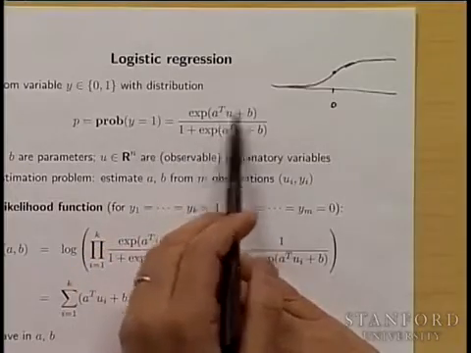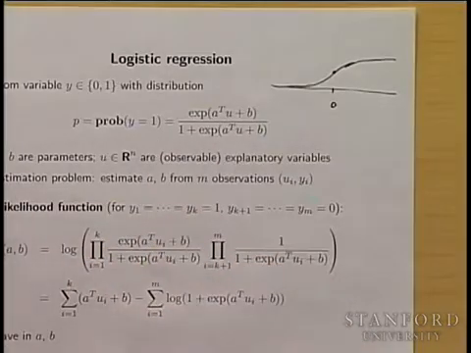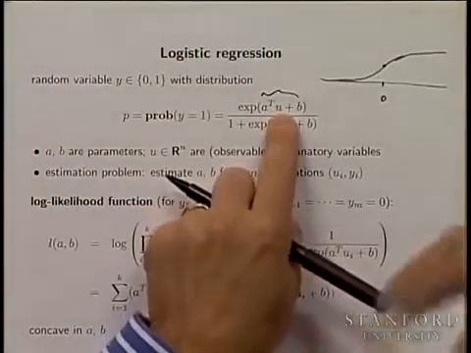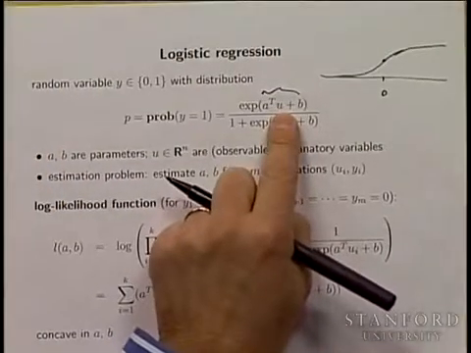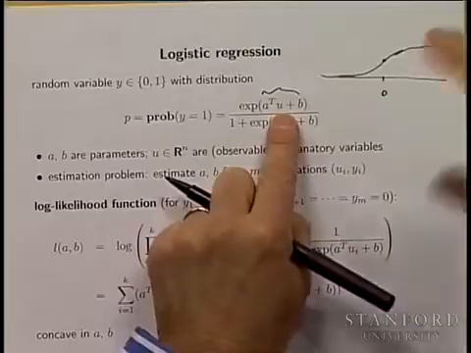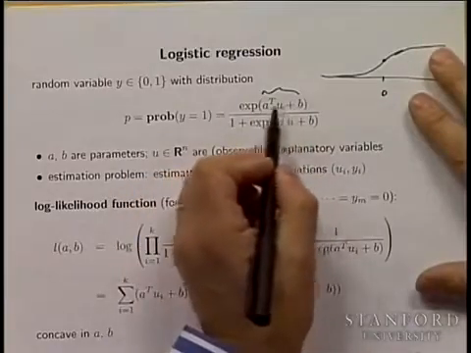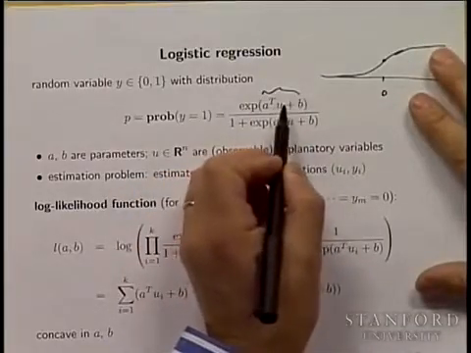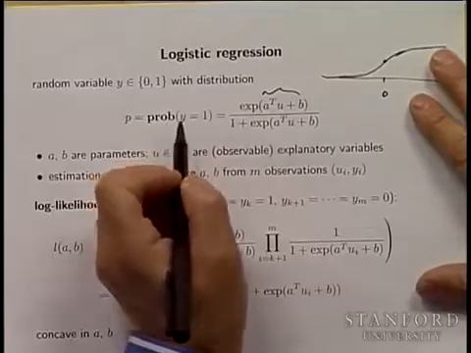And if this number is, say, minus 2 or 3, it's very likely to be 0, but not quite. So the transition zone is where this number is between plus minus 1. You can choose that some other way, but roughly speaking, when this number is 0, that's the equiprobable point.